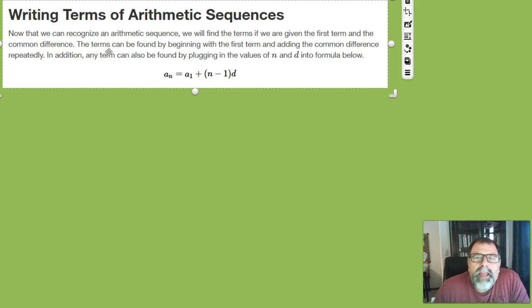For the second term, you add the common difference to the first term, and then you keep adding that number repeatedly. In addition, you can also use this general form, the general term of an arithmetic sequence given the first term and d, the common difference.